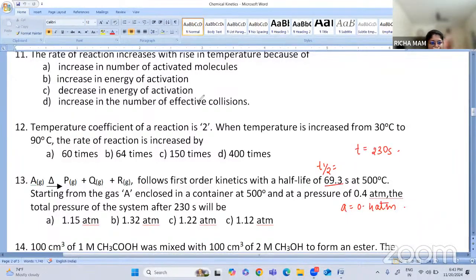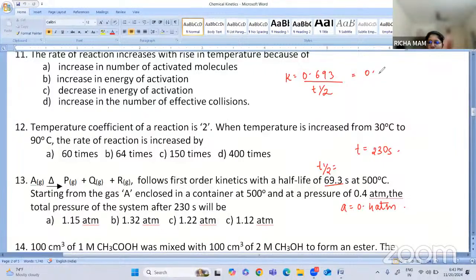So what you have to find out? This is a first order kinetics, so according to first order kinetics, what is the rate equation? K is equal to 0.693 by T half. We have to calculate the rate constant K, and we have T half.